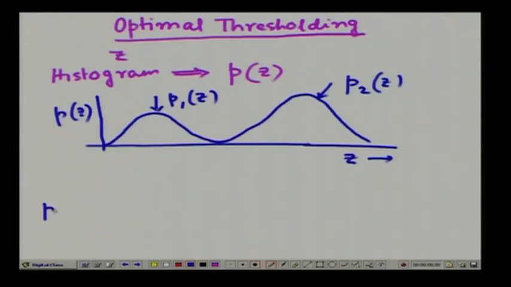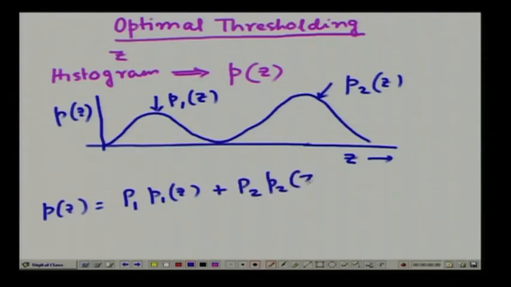So, this overall p(z) we can write as capital P1 times P1(z) plus capital P2 times P2(z), where capital P1 indicates the probability that a pixel belongs to the background, and capital P2 indicates the probability that a pixel belongs to an object.